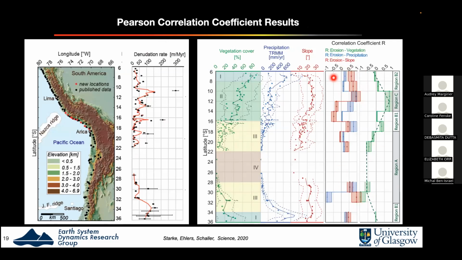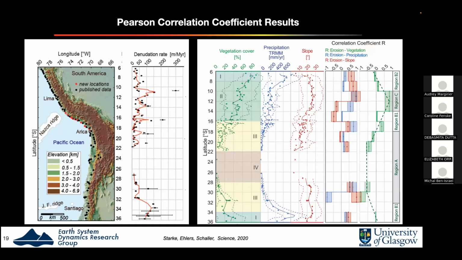I don't have time to go into what's shown with the slope and erosion rates, but on the right-hand side, what you see in green is the Pearson's correlation coefficient between catchment average erosion rates and the vegetation. The uncertainties are the width of any bar you see here. This is because we had to bin things over 2 degrees of latitude in order to get good, reliable statistics. And then a Monte Carlo analysis gave us the width of each of these boxes so that we can capture the 95% confidence interval on these correlations.